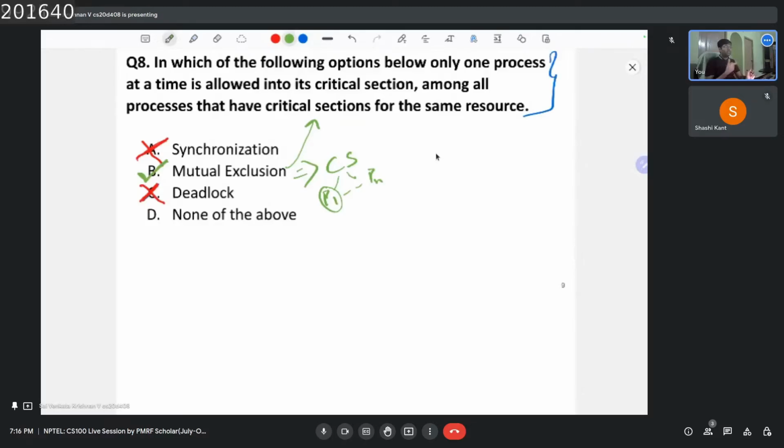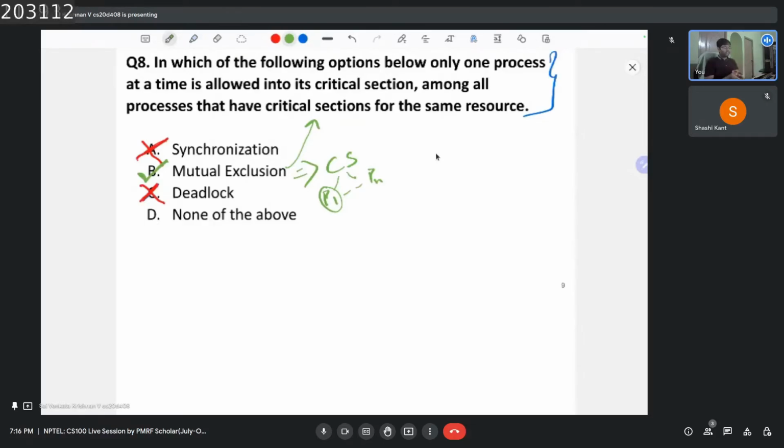Synchronization is solved by mutual exclusion. One of the conditions in solving synchronization is mutual exclusion. So attempting to write that shared variable should be done only by one process at any given time, and the other processes should not try to change that shared variable or read or do something on the shared variable.